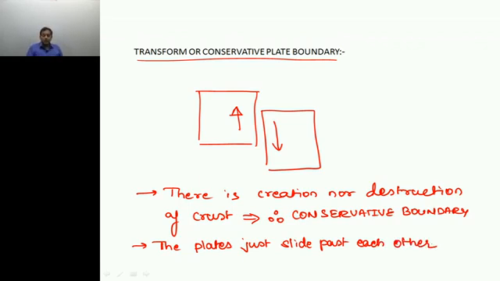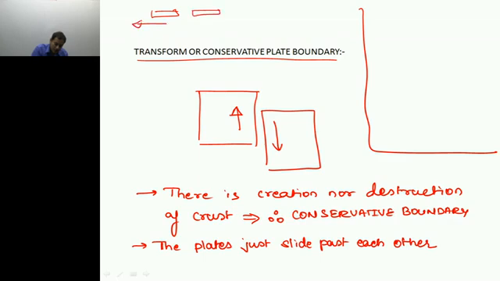So as a result of this, will there be upwelling of magma? Will there be a volcanic eruption when they are sliding past each other? See, for a volcanic eruption to occur, either the plate has to move away from each other, or the plate has to go deep inside the mantle, get destroyed, and then the lava has to rise up.